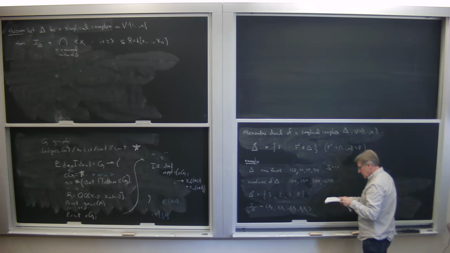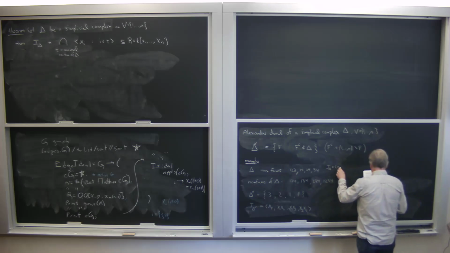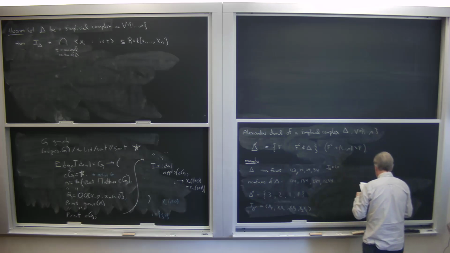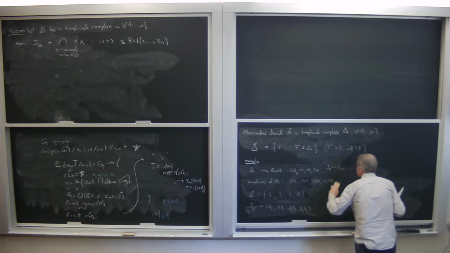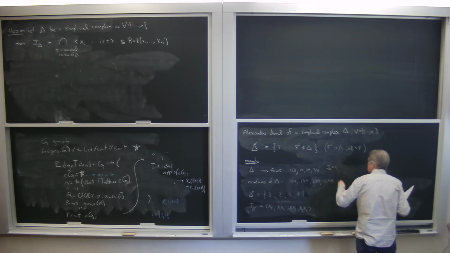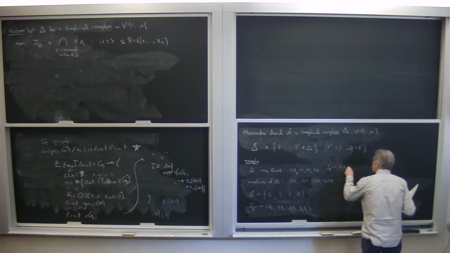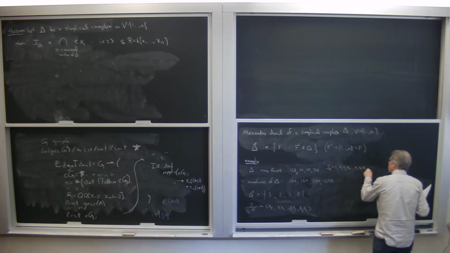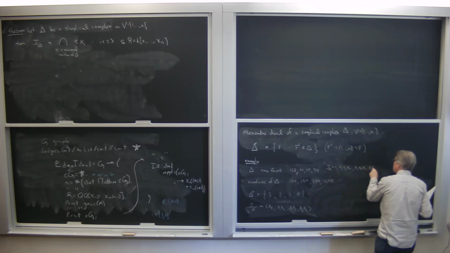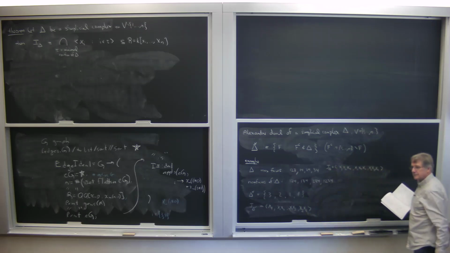It's the ideal generated by the 3 non-faces there that aren't 1, 2. Oh yeah, that's right. So it's x1x2x4. Oops, we don't have triple indices though. x1x2x4, x1x3x4, and x2x3x4, right? And that was it.